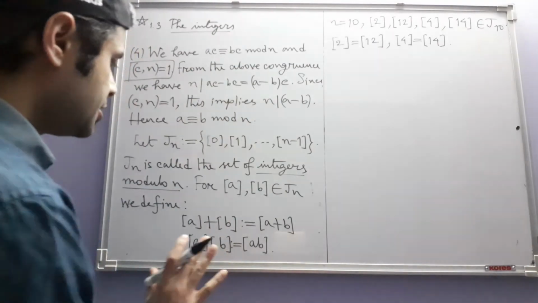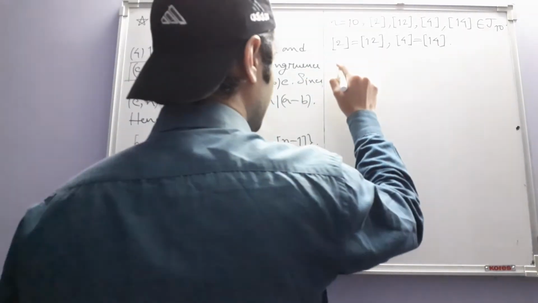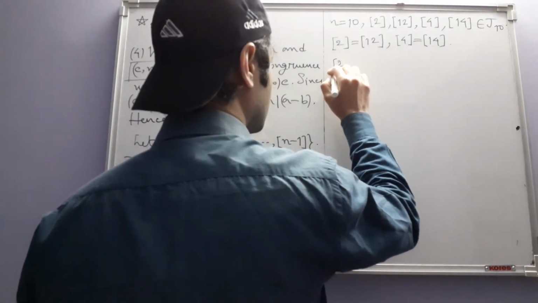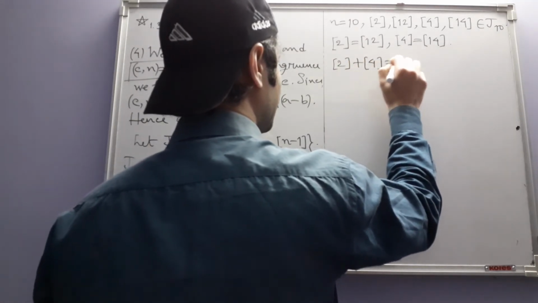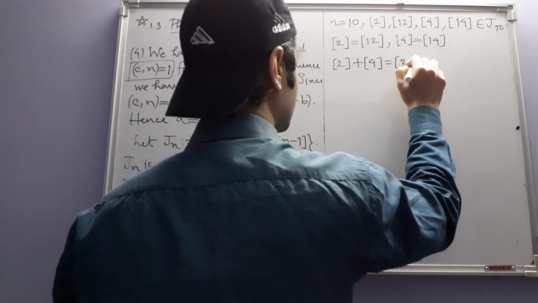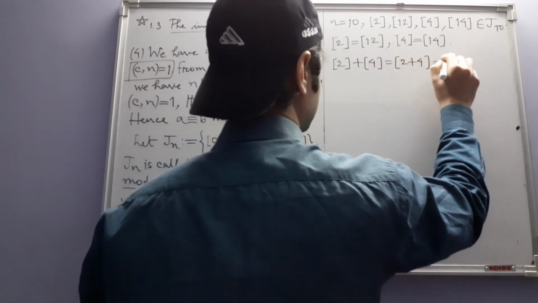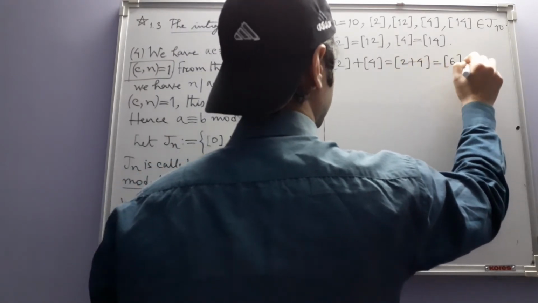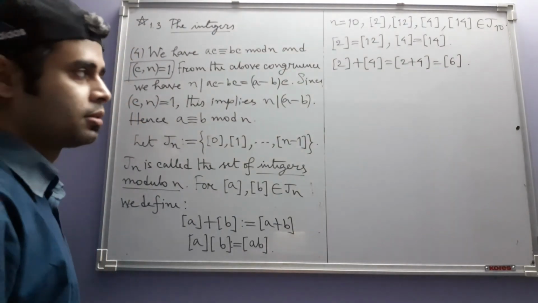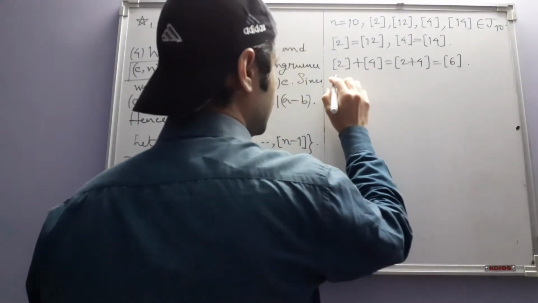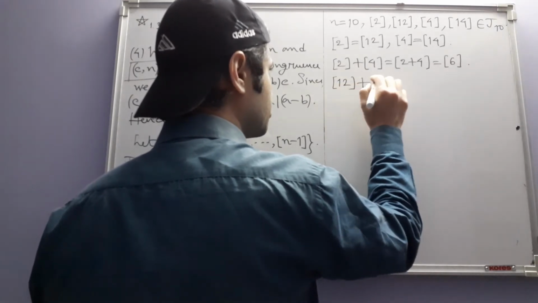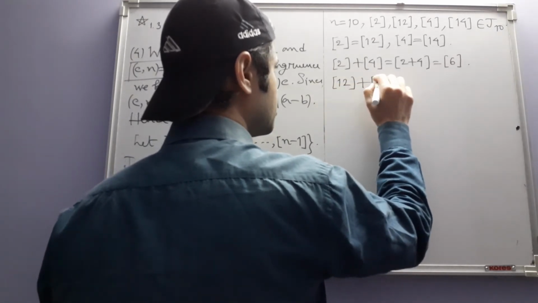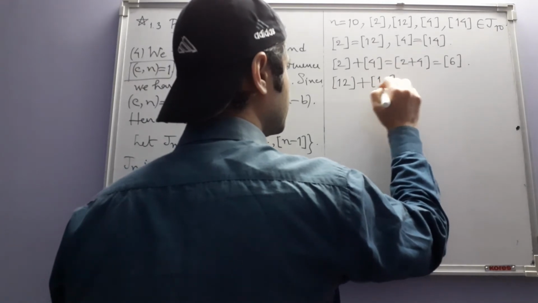Now if I use this definition, on one hand I have 2 plus 4. By definition this is nothing but this congruence class. However, at the same time, it's also equal to 12 plus, I can take say 14.